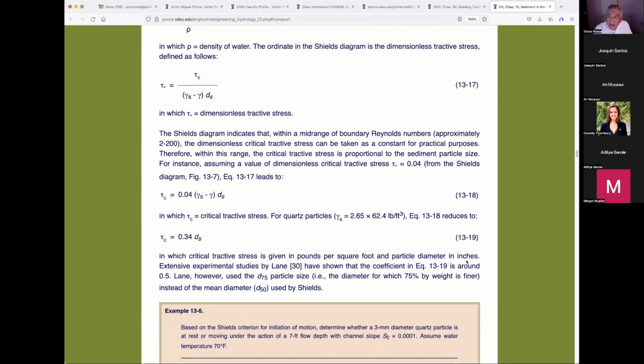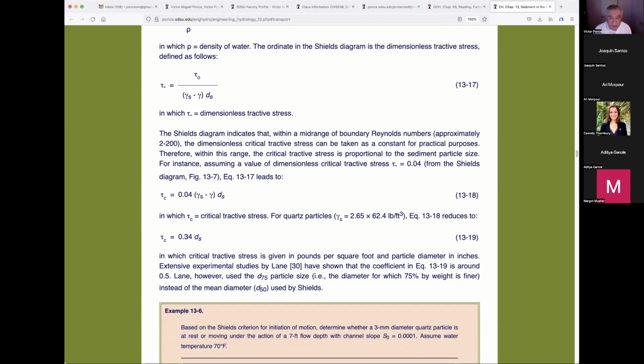You wonder how that happened. As a matter of fact, I know for a fact that many of the methods always use the diameter in millimeters because most people are used to diameter in millimeters. That's all I can say. And millimeters is not part of the US customary system. The appropriate unit would be inches, as is shown here.